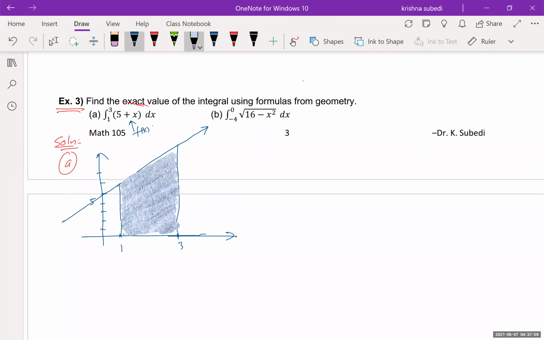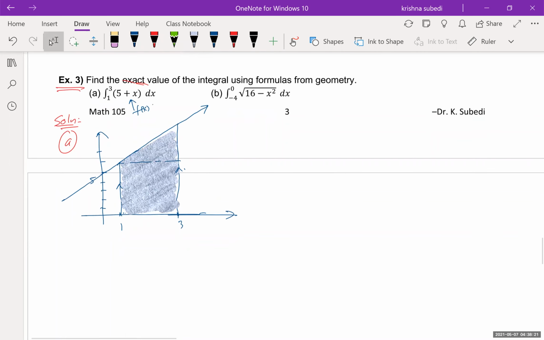Remember, this line and this line are parallel, so you can find the area a couple of ways. One is that you divide it into a rectangle and a triangle, and sum the area of the rectangle plus the area of the triangle, or you can use the trapezium formula, right? It's a trapezium. So the area is given by, this one is your f of 1 and this is your f of 3.